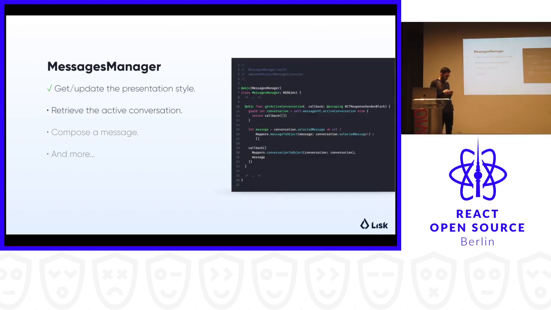Then the second task is to return the conversation object with the message and the participants. It's very similar to what we have done in the first step. We expose the methods again from Swift to the React Native side, which has a callback, and that callback contains the conversation object and the message. As I told you before, the conversation object also includes the participants' identifiers.